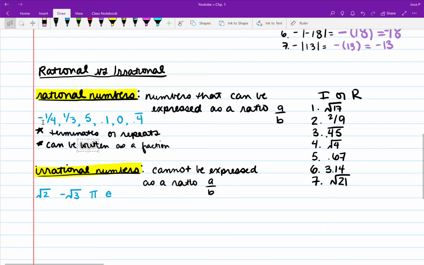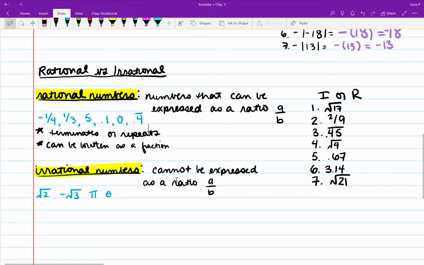So these are some examples. -1/4, 1/3, these are fractions. They are therefore rational numbers. 5, just a regular integer or whole number, counting number. 0.1 is a decimal, but it terminates. 0 is a terminating number, and 0.4 repeating is a decimal, but it repeats.